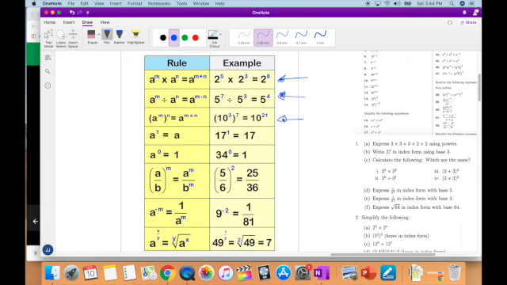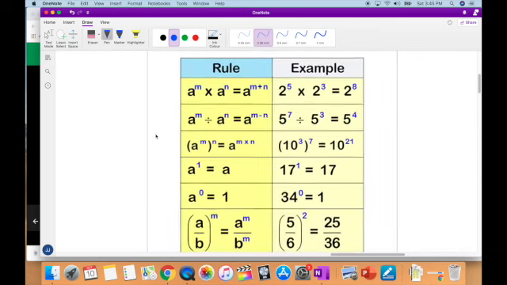Shazay, you weren't around, but Caitlin and Scotia, do you remember when we did the laws of indices? Yeah. Alright, very good.